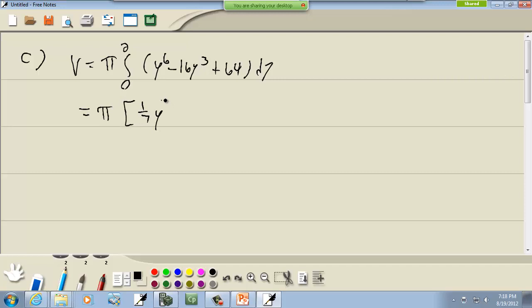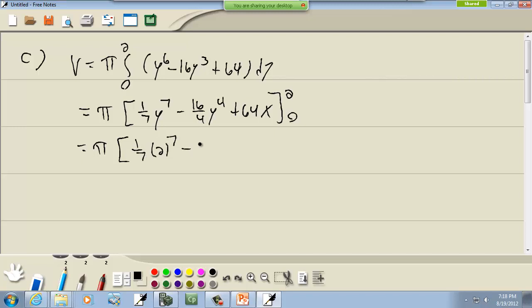So we got 1/7 y to the 7th minus 16/4 y to the 4th plus 64y. Now the 0 we don't need to worry about. So plug 2 in. So I got 1/7 times 2 to the 7th, minus 4, since 16 over 4 is 4, times 2 to the 4th, plus 64 times 2.